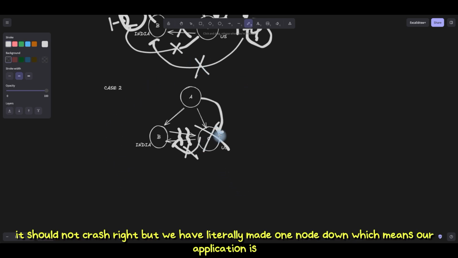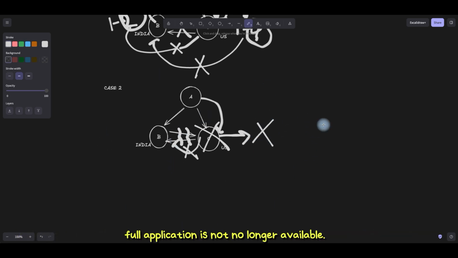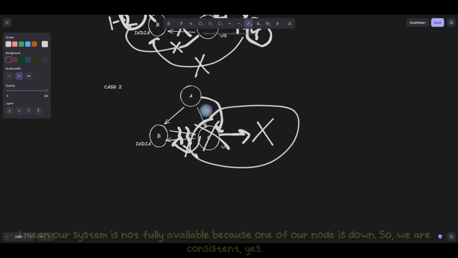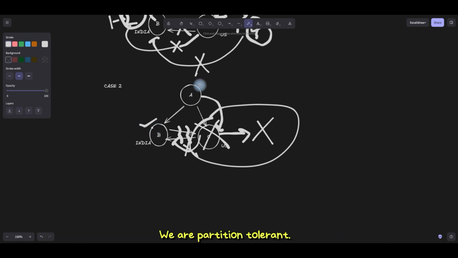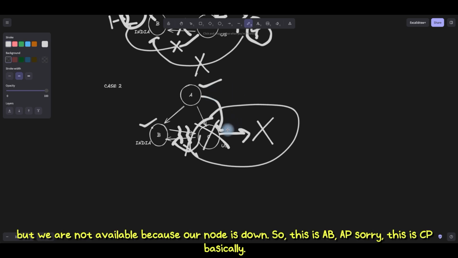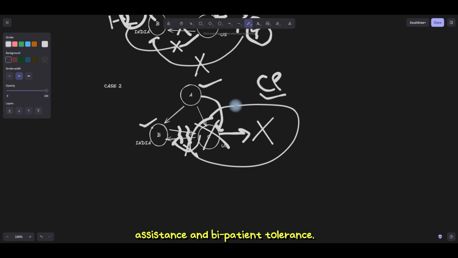But we have literally made one node go down, which means our system is not fully available because one of our nodes is down. So we are consistent, yes. We are partition tolerant, we can say that as well, but we are not available because our node is down. So this is AP, sorry, this is CP basically, consistent and partition tolerant.